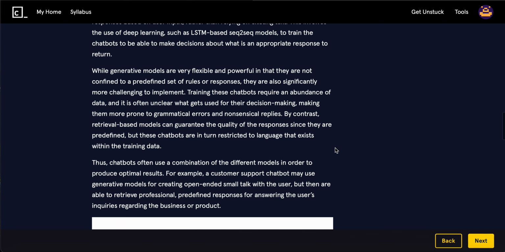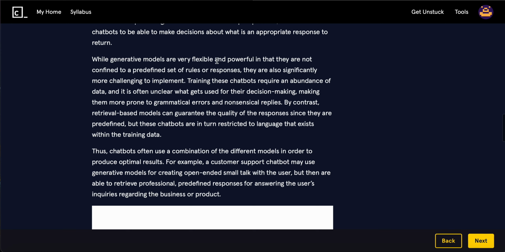While generative models are very flexible and powerful in that they are not confined to a predefined set of rules or responses, they are also significantly more challenging to implement. Training these chatbots requires an abundance of data and it is often unclear what gets used for their decision making, making them more prone to grammatical errors and nonsensical replies.